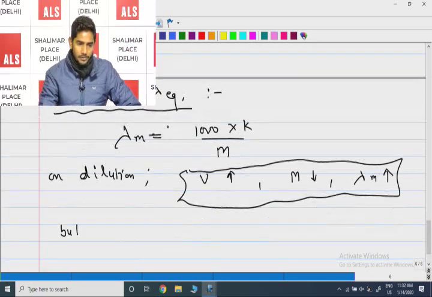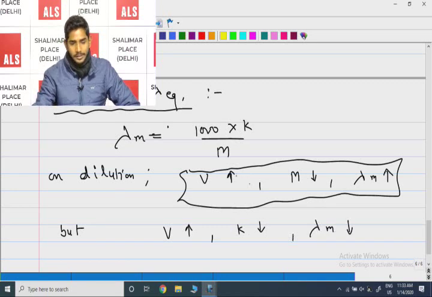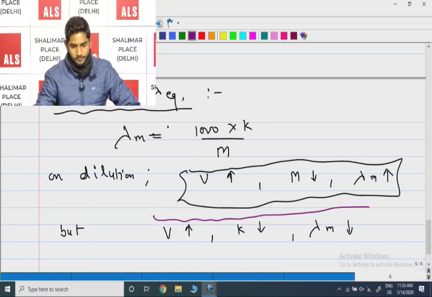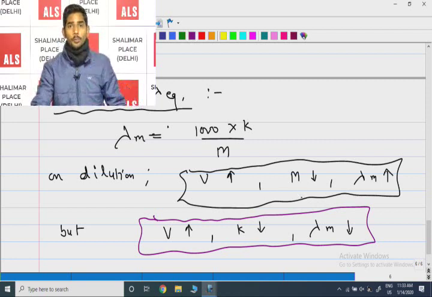But kappa is also there. With increase in volume, kappa decreases. If kappa decreases, then lambda m should also get decreased. So there are two terms, and out of these, one should be the dominating one.